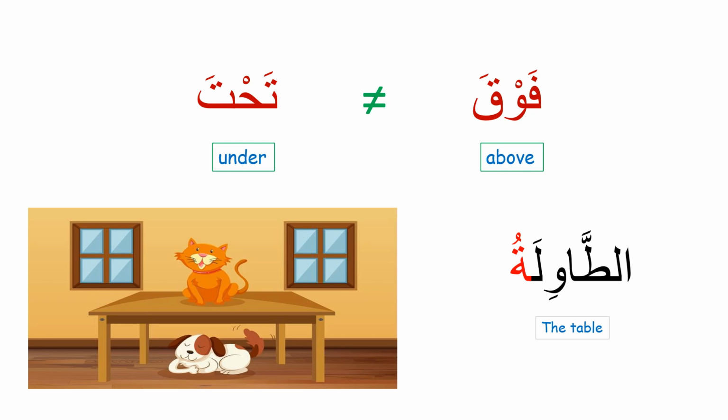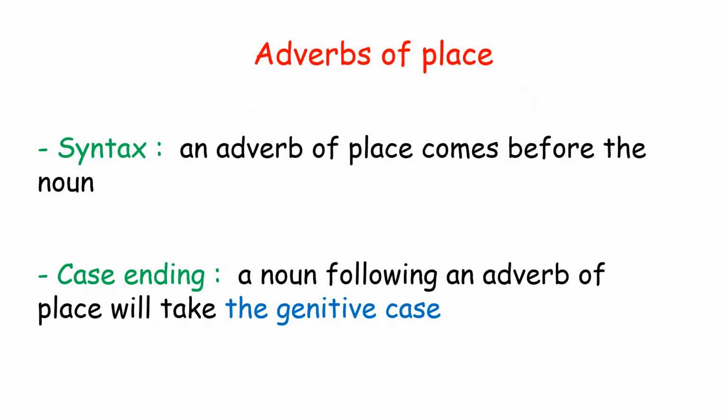Right, so we are going to let this noun, الطاولة, interact with the first couple of adverbs and see what happens. Before we do that, let's see the rules, shall we? Syntax-wise, an adverb of place always comes before the noun, and case ending-wise, the noun following the adverb of place will be transformed from the nominative case to the genitive one.